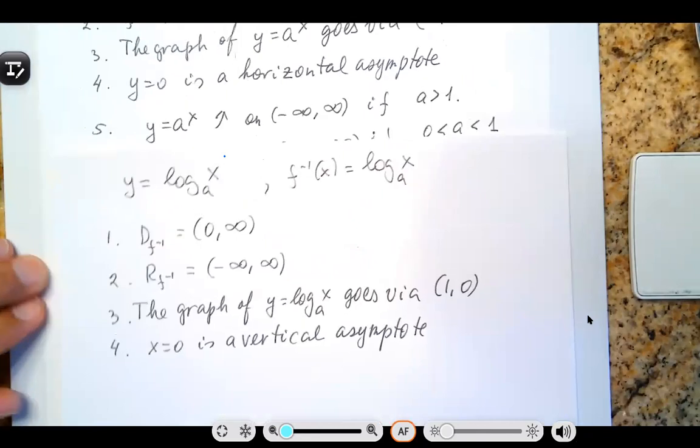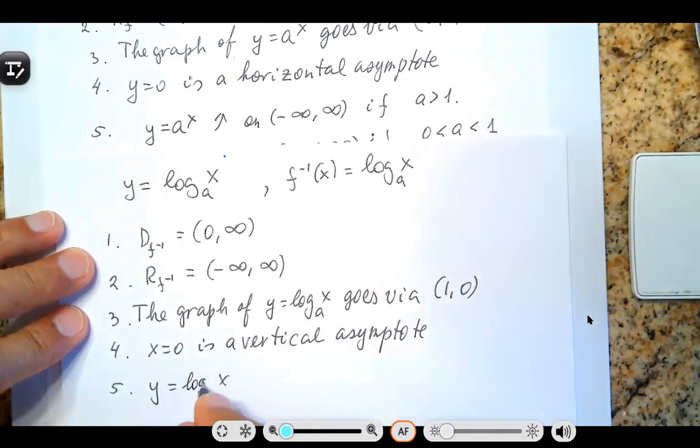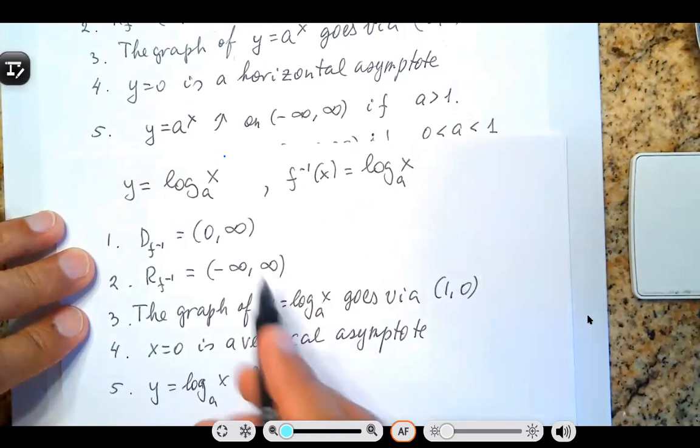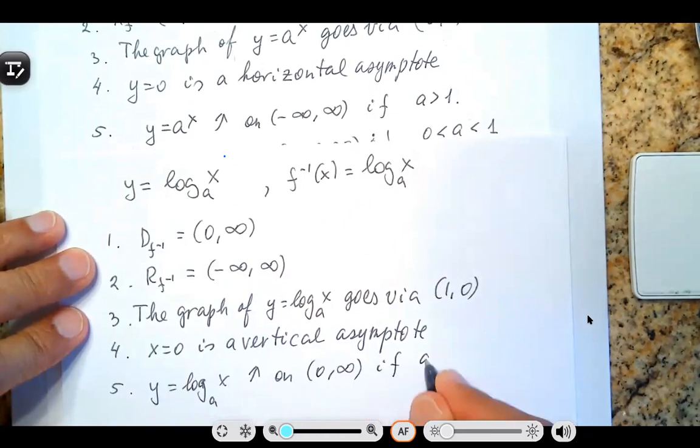So number 5: how is it going to look for y equals logarithm x base a? It is increasing on its domain. What's the domain of the logarithm? 0, infinity, if a is greater than 1.